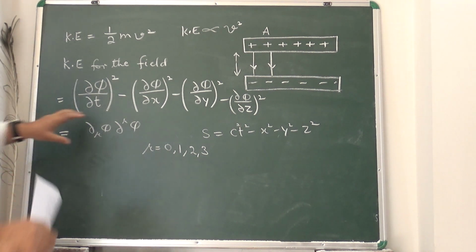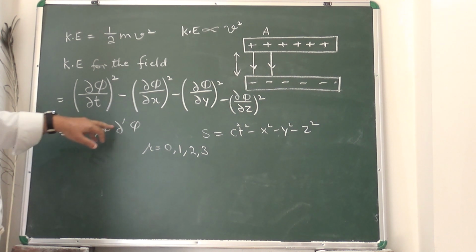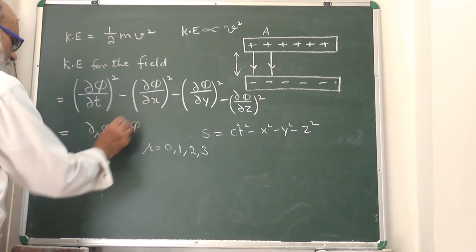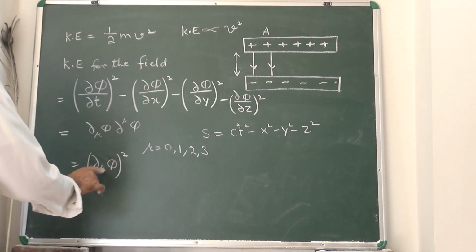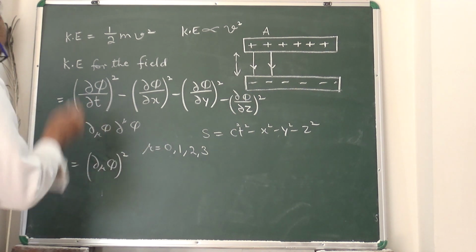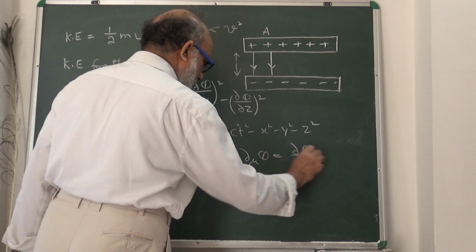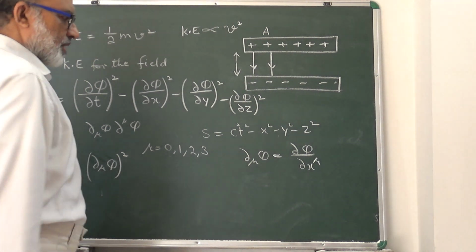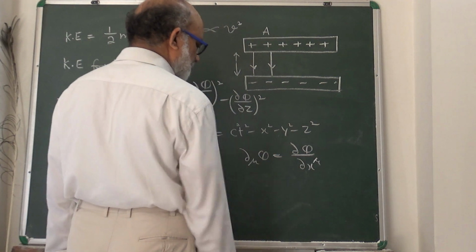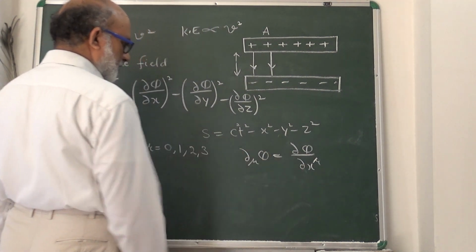In the next class we will discuss why I am writing this with one superscript and one subscript, and not as del mu phi whole square. Del mu phi means del phi by del x mu, and mu has 4 components. The 0th component means the time component, the first component means the x component, then the y component, and so on.